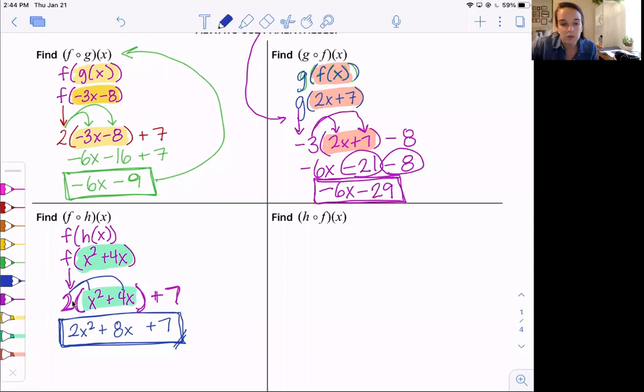Since there is the 2 here, what I essentially did was write 2x plus 7. The x is what is in parentheses there, and the 2 came down straight like that. So we have now 2x plus 7 here. Right, so once we did that, the 2 got distributed into both of these pieces.